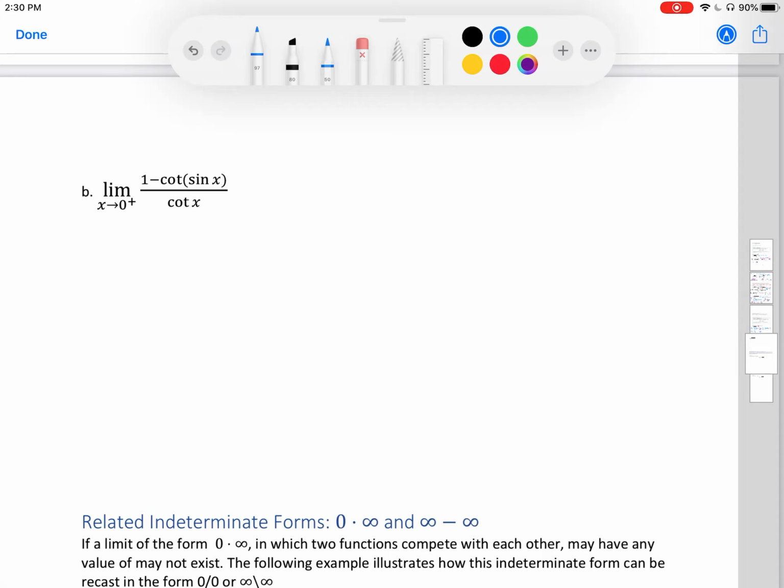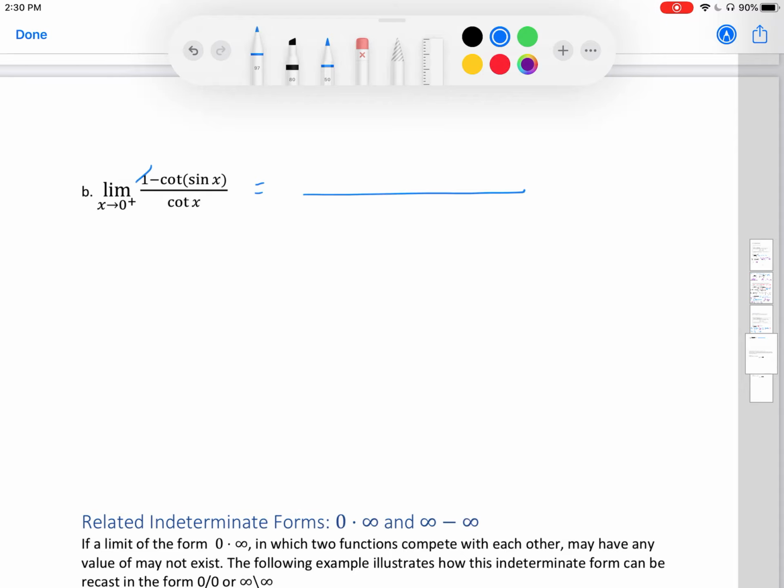Same situation, cotangent at 0 is an undefined value. So let's go ahead and apply L'Hopital's rule. So if I take the derivative of my numerator, a constant is just 0, so that one is gone.